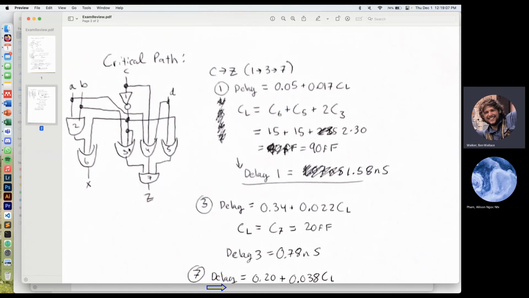It also fans out twice to this 3 input OR, so we have to put a 2 for the capacitance, because it hits the gate twice. Then we add all these together and find the total load capacitance. Once you have the total load capacitance, you multiply it by this constant to get the load dependent delay. The load dependent delay plus the intrinsic delay gives us the delay for the first gate.